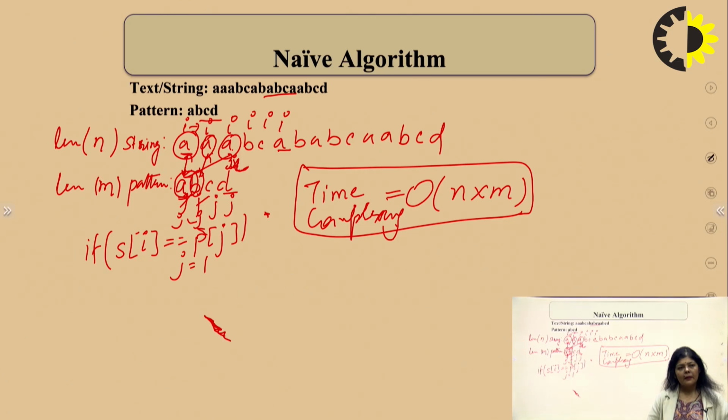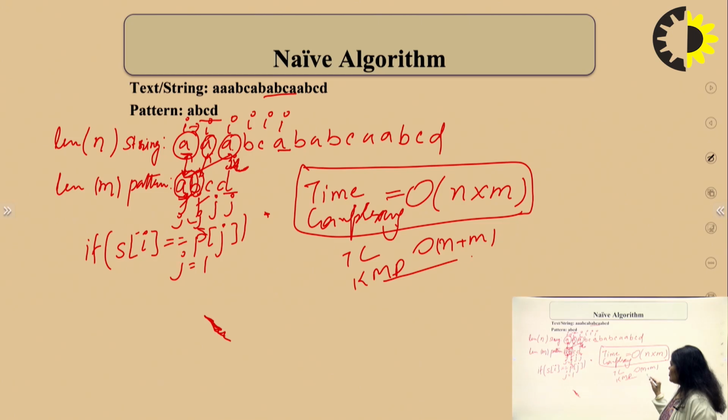The next algorithm, the KMP or Knuth-Morris-Pratt algorithm, takes advantage of this fact, and it tries to remove multiple passes over the text, and that way the time complexity comes down to n plus m. The time complexity of the KMP algorithm is order of n plus m, because this algorithm does not take multiple passes over the given string or text.